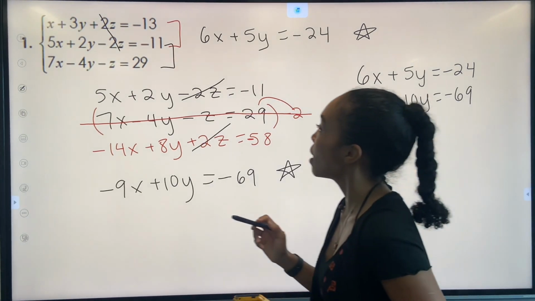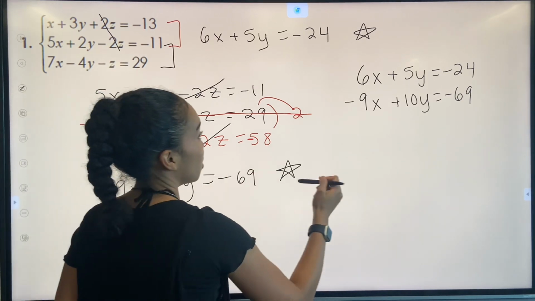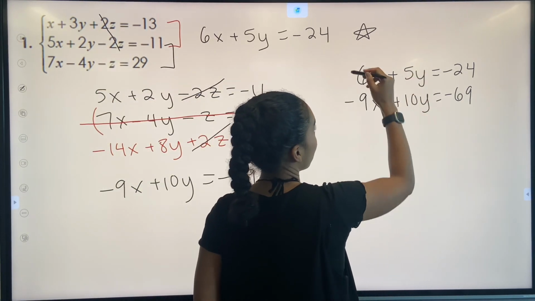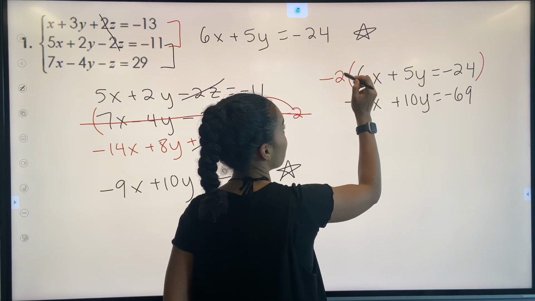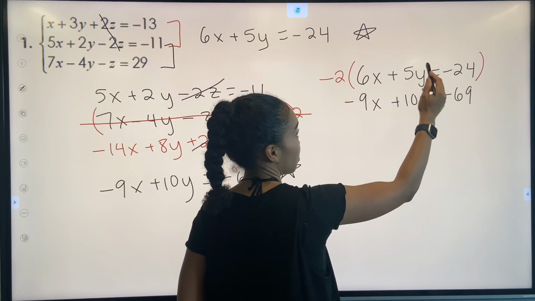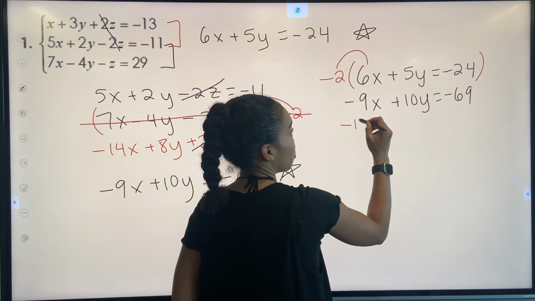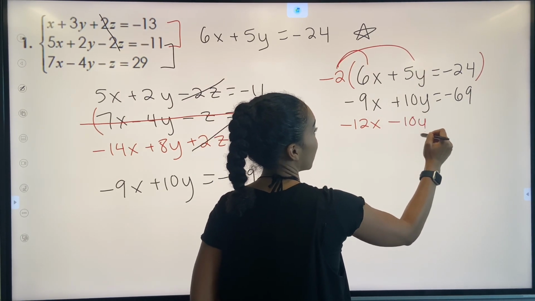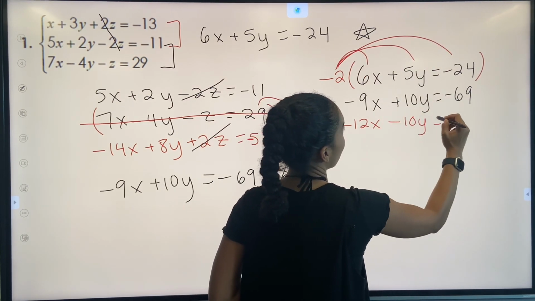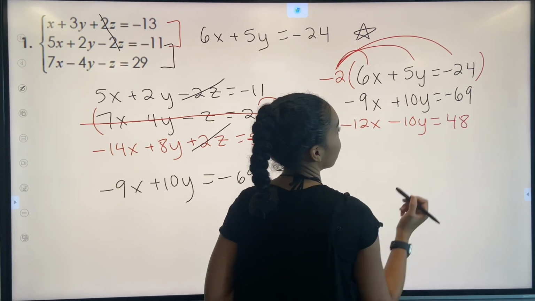Okay, so I think it's going to be easiest to eliminate the y variable because all I would have to do is multiply this by a negative 2 so that those would cancel. This will be negative 12x. This will be negative 10y, and this will be a positive 48.